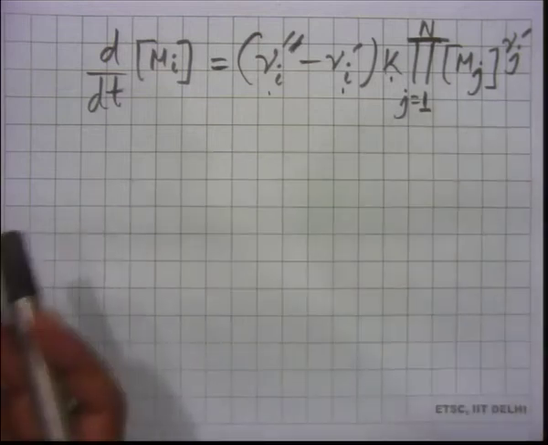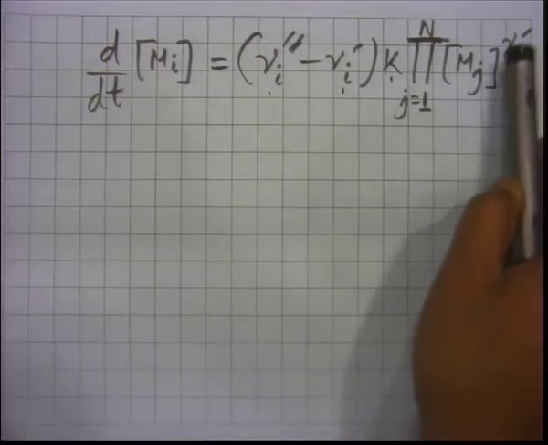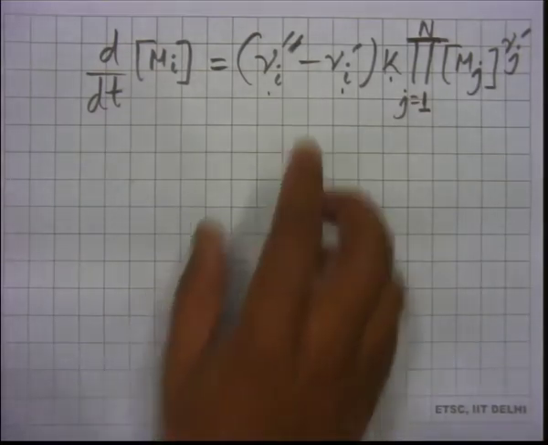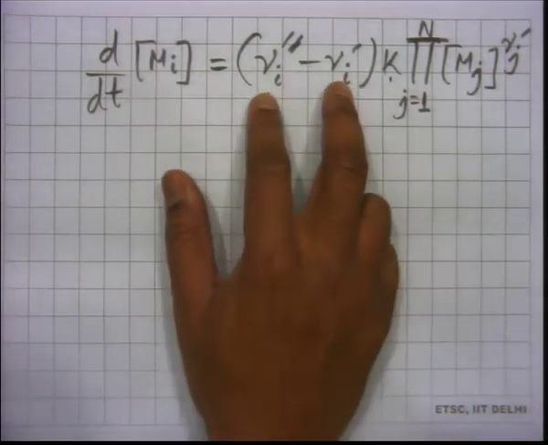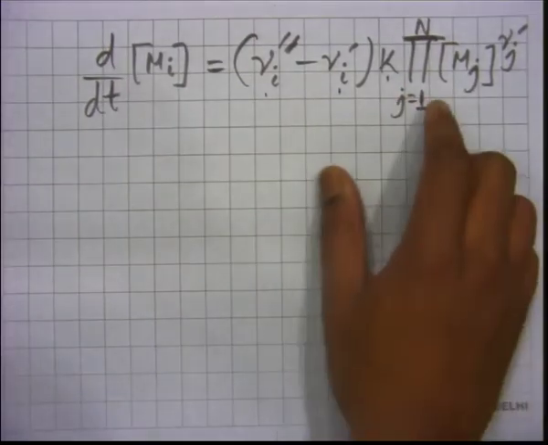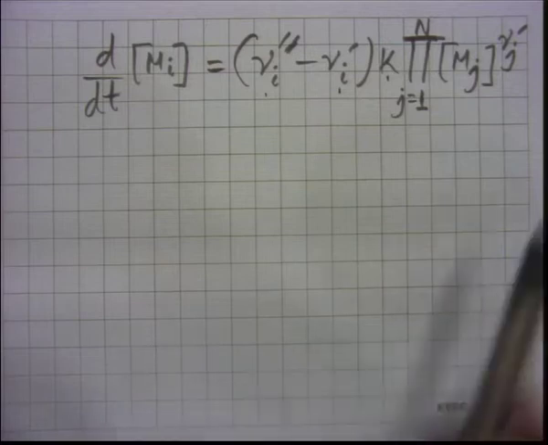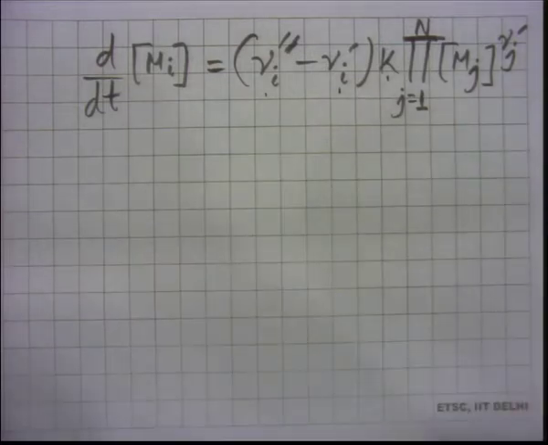So, you know nu prime you already have values. So, those values will be placed here. So, that means you will get essentially a difference in stoichiometric coefficients multiplied by the reaction rate constant multiplied by the reactant species raised to different powers. Okay. And those powers are those coefficients on the left hand side.